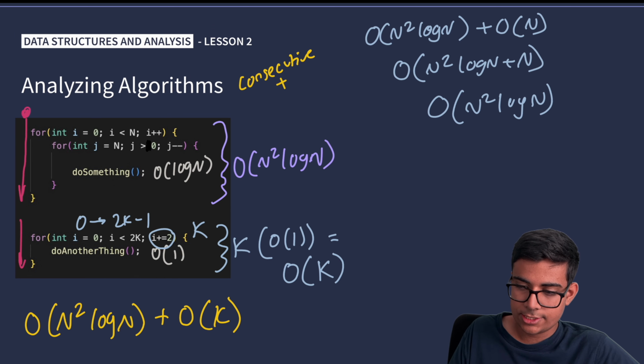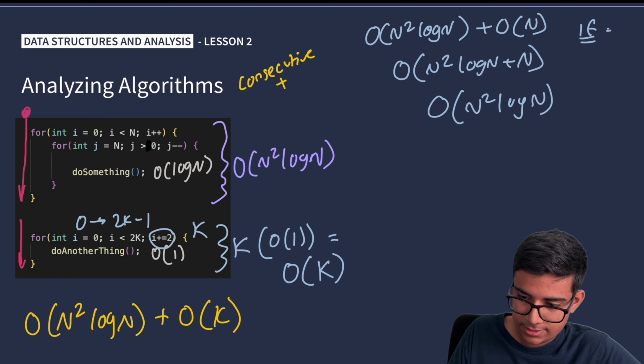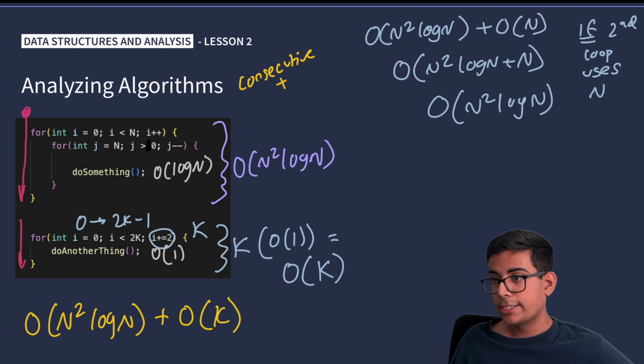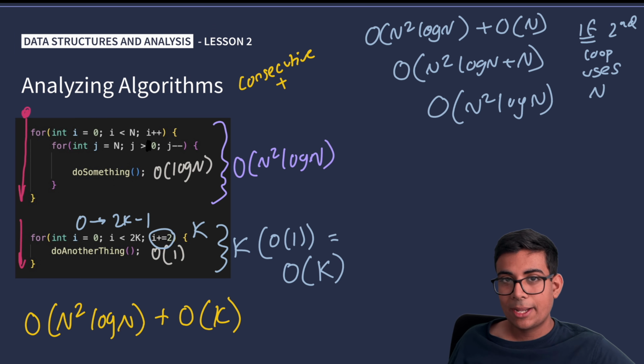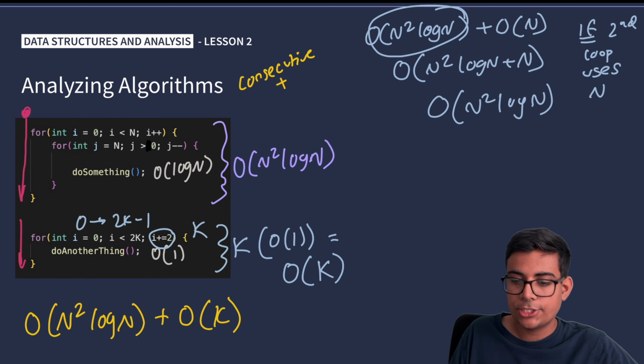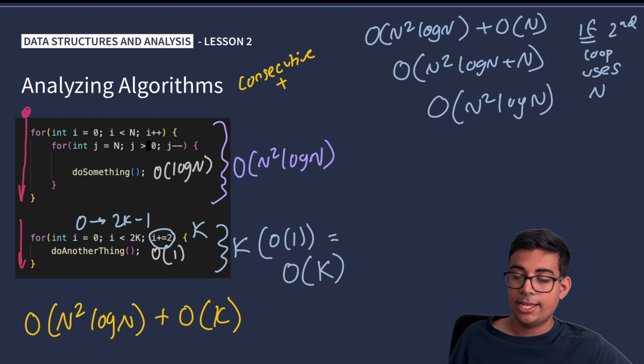So I'm just going to say this is if the second loop uses n. And this is important because we're talking about parent functions, and we're talking about this max, this upper bound. The leading term always wins here, and it cancels out any effect of any lower terms.